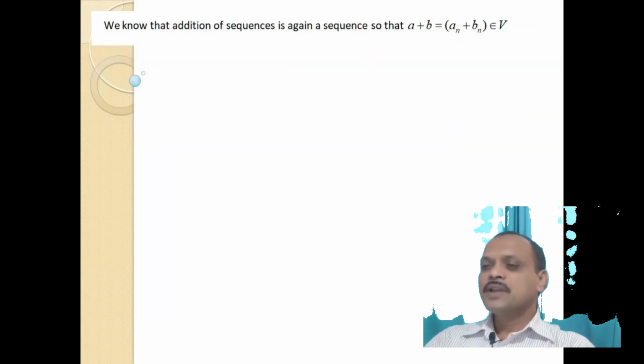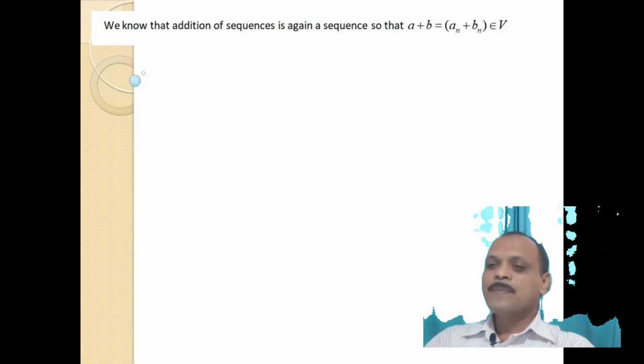If we take two sequences A and B and add, we get An plus Bn, again a sequence. So the sum is a member of the vector space, and closure is satisfied.